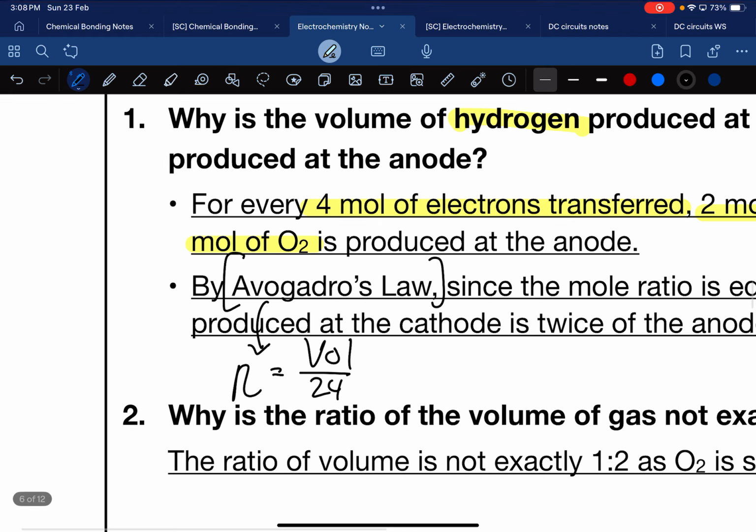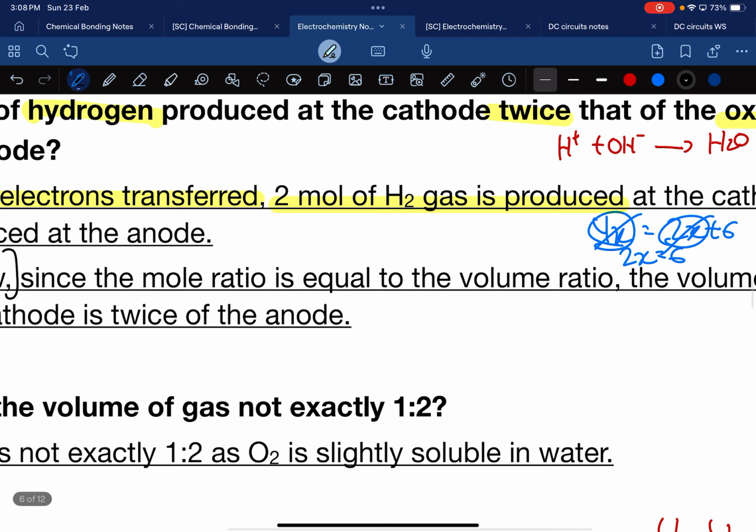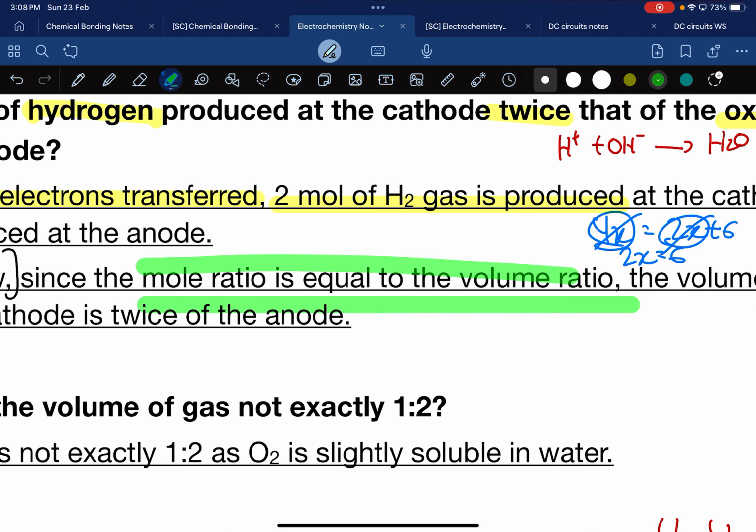I'm not asking about the number of particles, I want volume. Since mole ratio is equal to volume ratio, when we give you mock papers next time, you better write this.